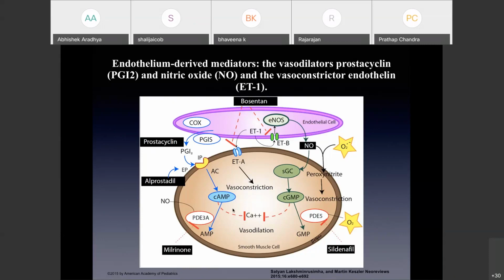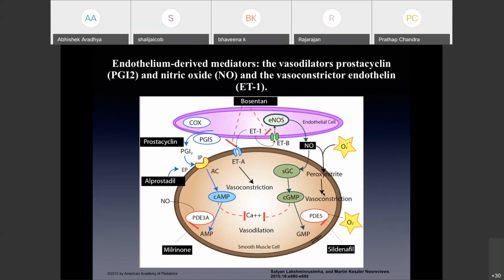On the other hand, when we give nitric oxide along with oxygen, this can result in peroxynitrate, which is one of the powerful vasoconstrictors. Therefore, don't keep giving too much oxygen, and don't maintain PaO2 at a very, very high level, because it can become detrimental.